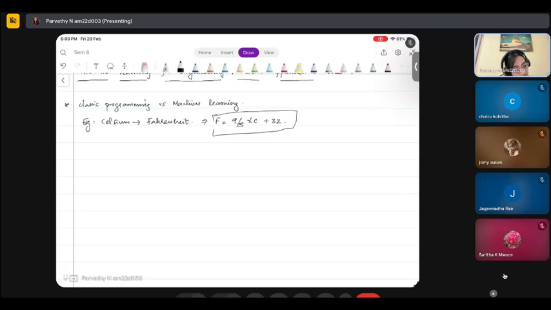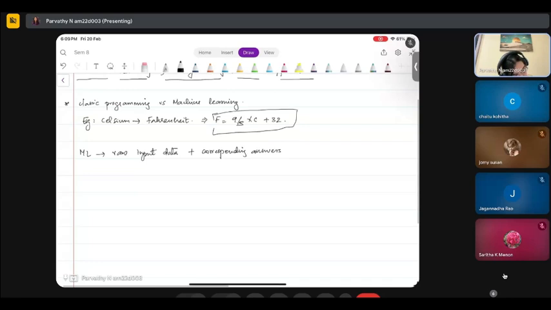But machine learning works in the opposite direction. You give the machine raw input data and the corresponding answers to it, and the machine is expected to find out what the rules are.